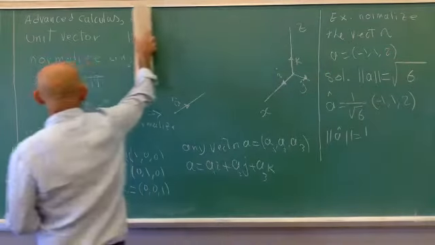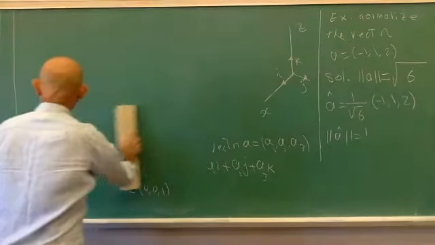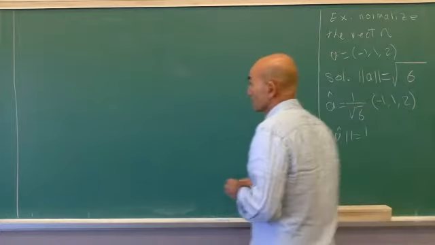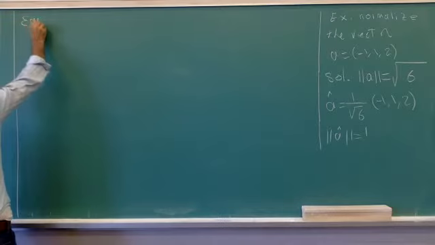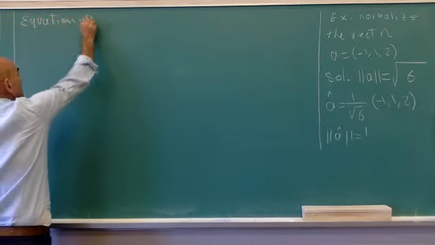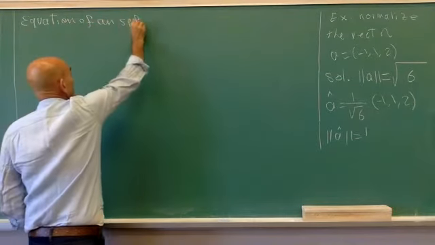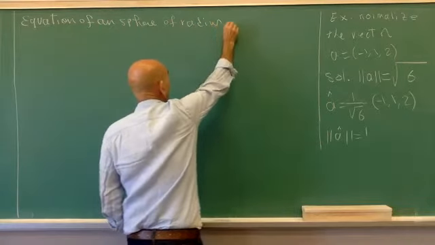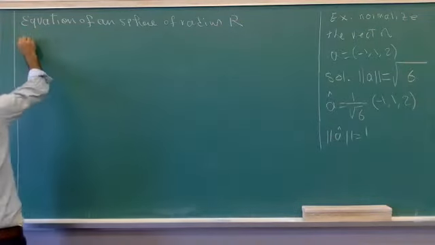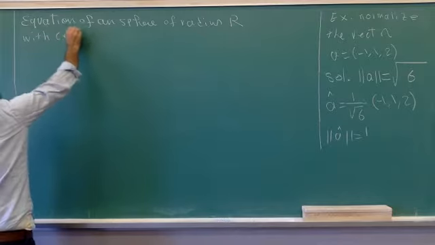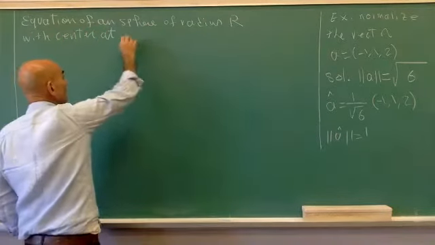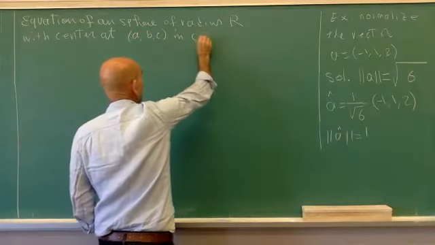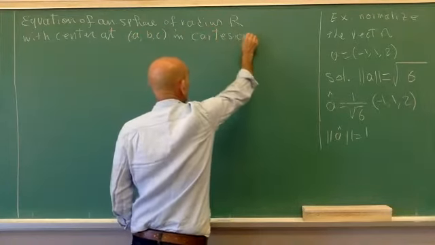So let me now write down the equation of a sphere in Cartesian coordinates, with radius R and center at, say, the point (a, b, c) in Cartesian coordinates.